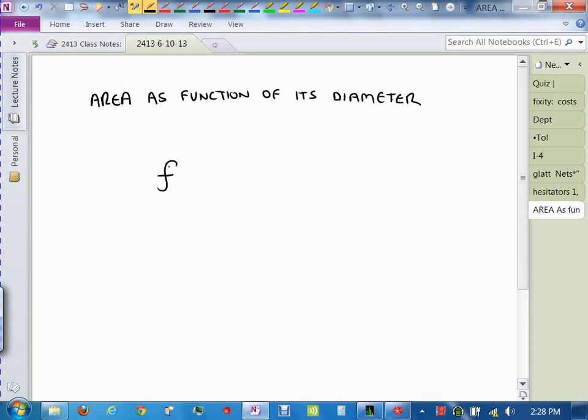If I write down f of x, that means I have a function. This function is a function of which variable? x, right? I'm going to write it this way. I want A of what? A of d, and I can use capital D or lowercase d, but d is the diameter. That's what I want. I want a function that gives me the area of a circle if somebody gives me its diameter.